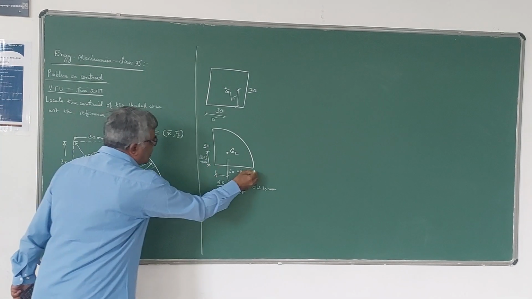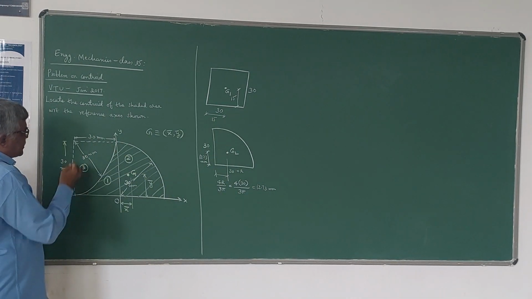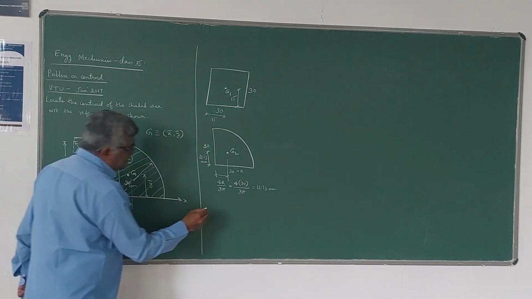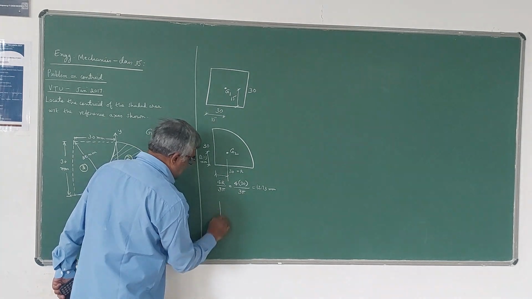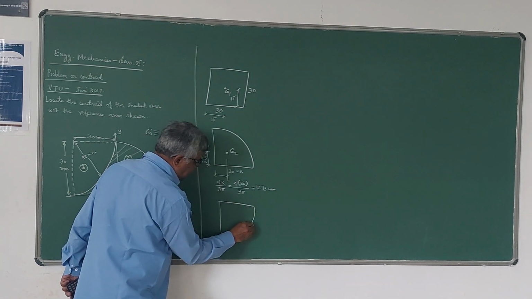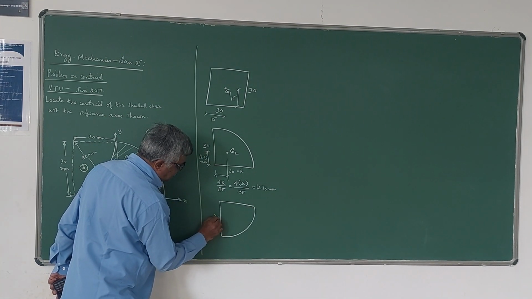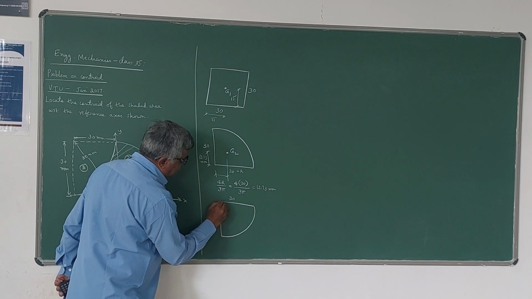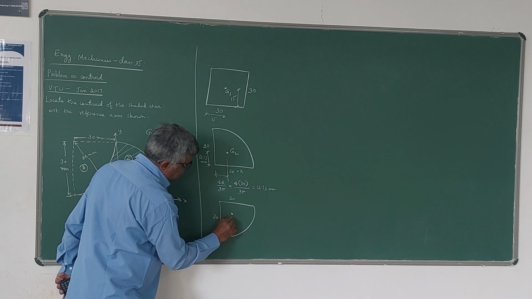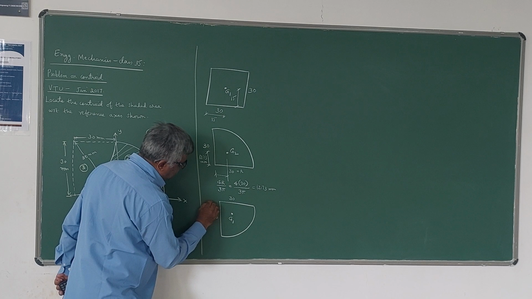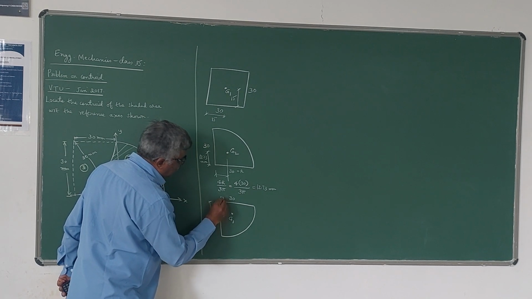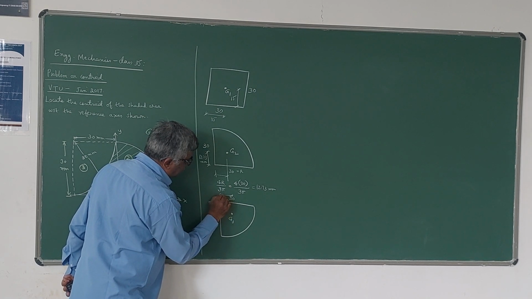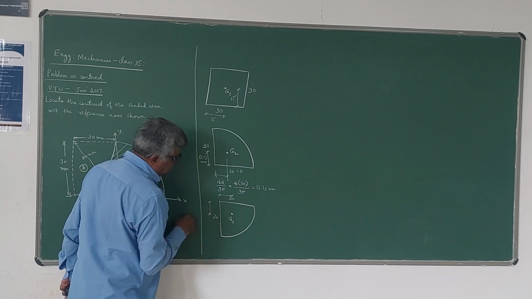From this edge and from this edge. Next, the third one is this quarter circle, which I can take like this. Here also the radius is 30 mm. Centroid of this will be somewhere here, G3. Once again this G3 will be at a distance of 4r by 3 pi from this edge as well as from this edge.